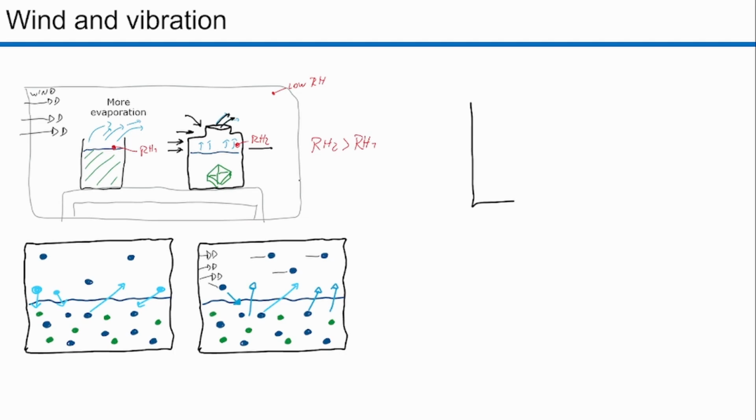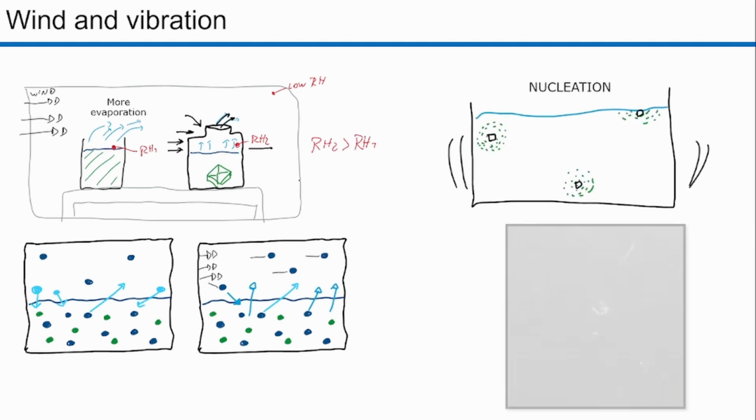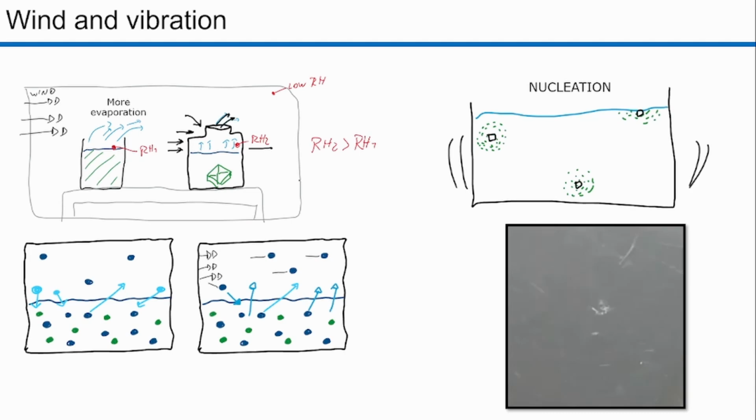About vibration, there isn't much information on how vibration might change your crystal as far as I know, but for sure it affects nucleation. You know, those random fluctuations of concentration and disturbance might produce some nucleation around your solution.